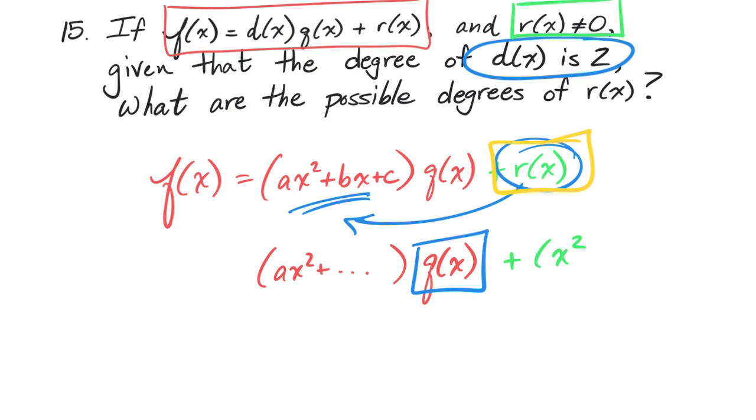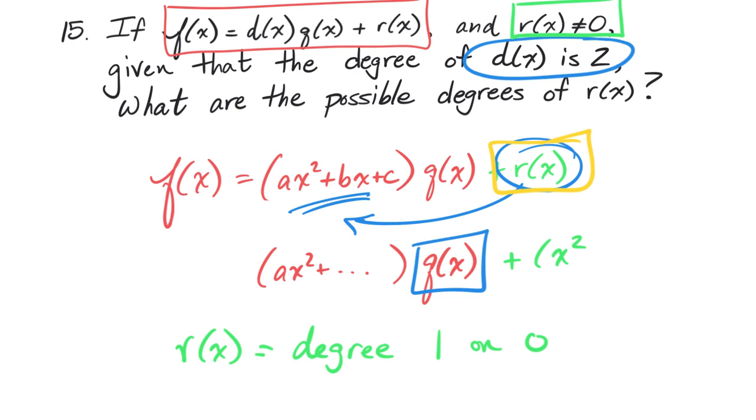So the problem tells me that r of x cannot equal 0. So my only choice is that r of x has to be degree 1. Has to be. Now, if that stipulation in green was not there, then it is possible that r of x could be a degree of 1 or 0.